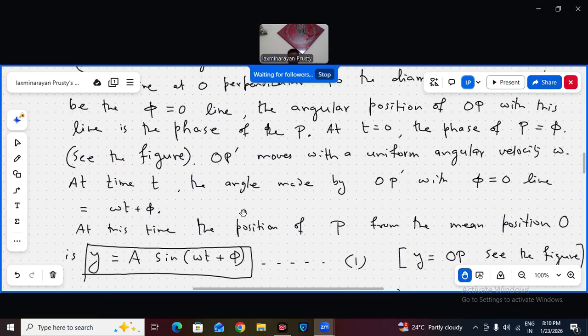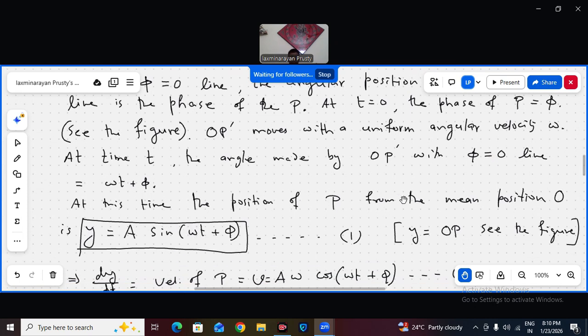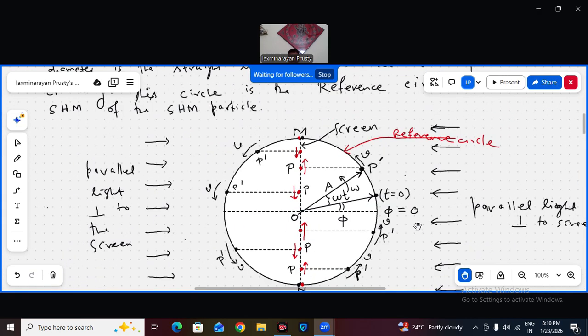So at any time t, the angle made by OP dash with the phi equal to 0 line is omega t plus phi. So y is equal to, y means which y? This O is y equal to 0, and y is measured along this vertical diameter.